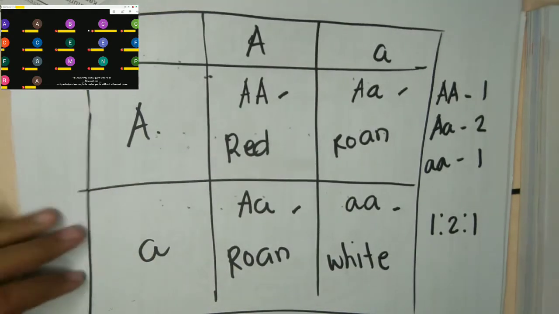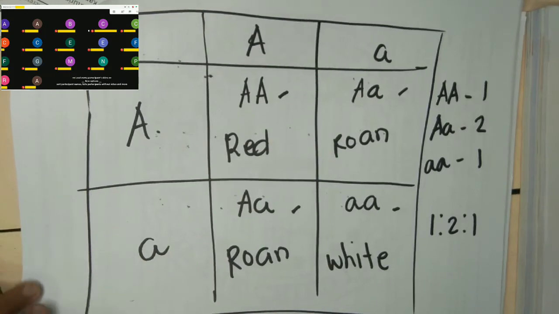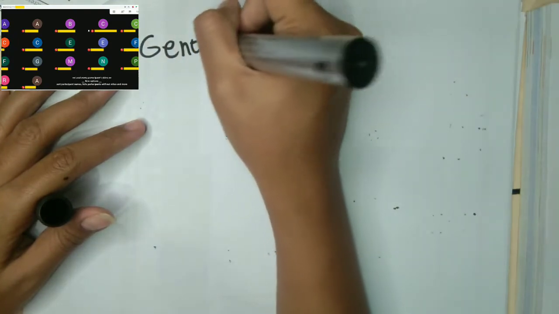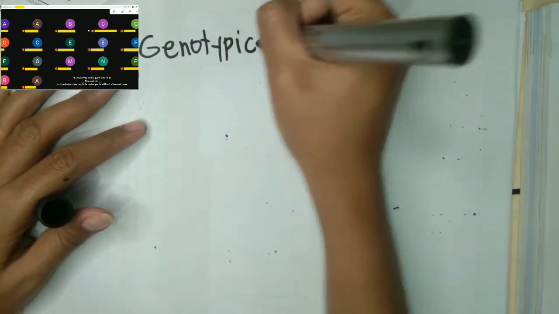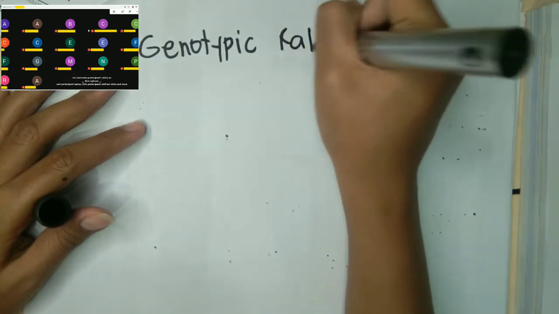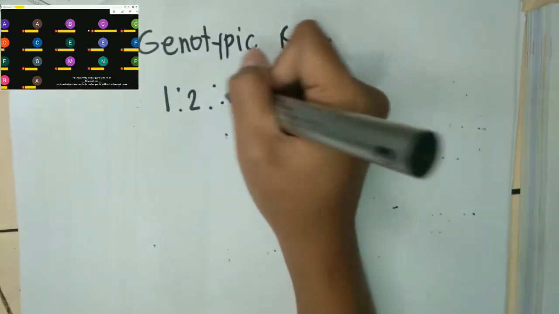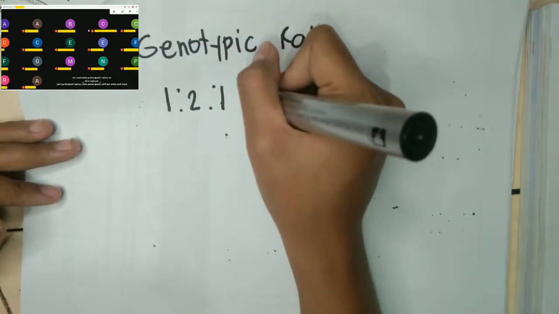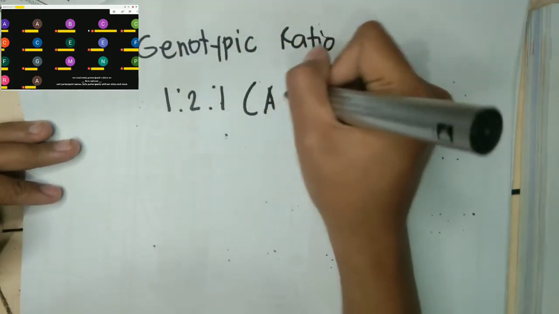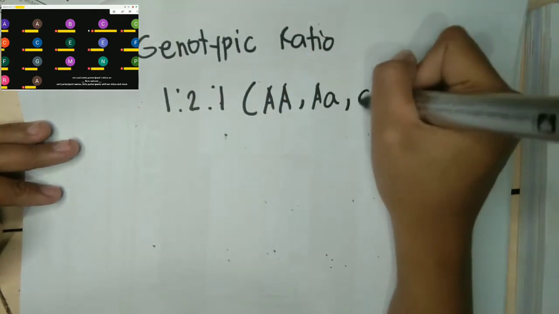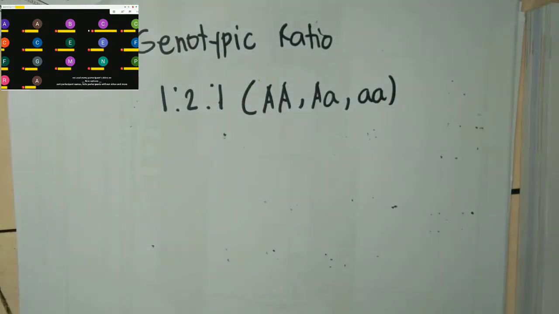So that will result to 1:2 and 1. So for genotypic ratio, we have the ratio of 1:2:1, which means we have double capital A, one capital and small letter A, and lastly the two small letter A.